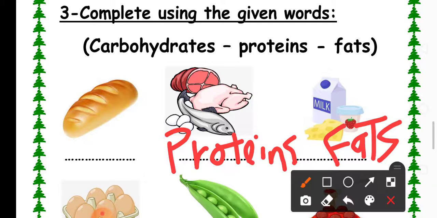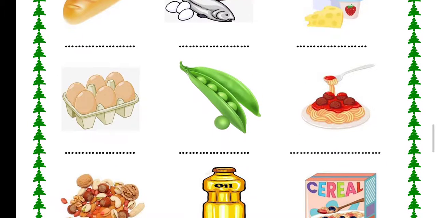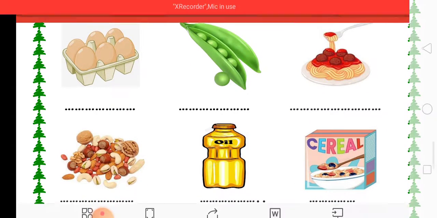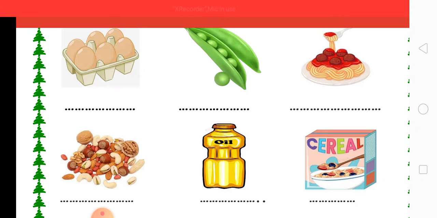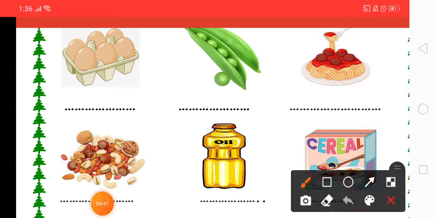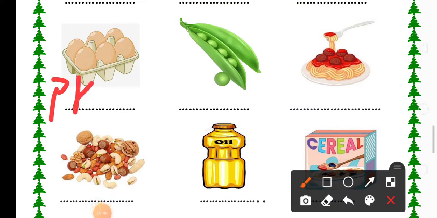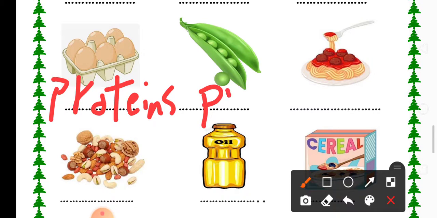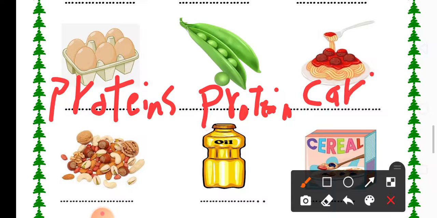Okay. After that, here we have eggs. Eggs, yes, we said eggs are proteins. Bean, yes, also protein. Pasta, yes, carbohydrates.